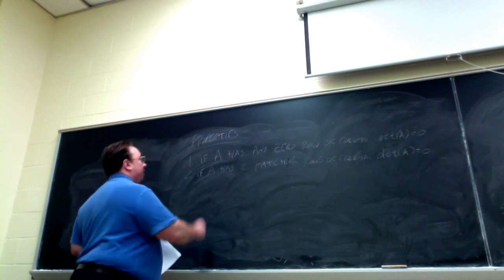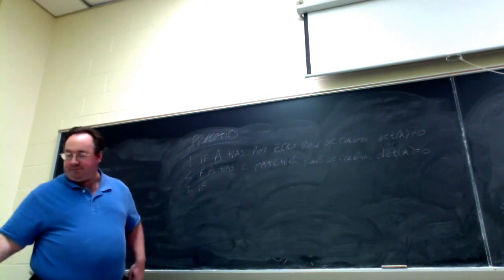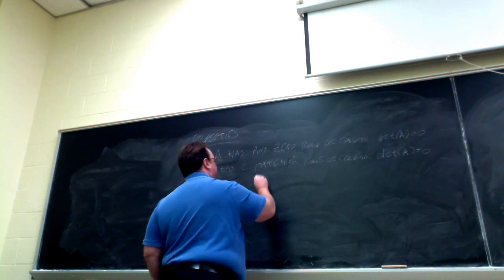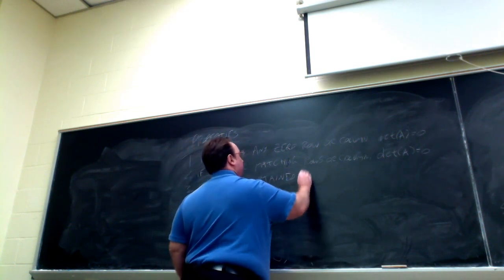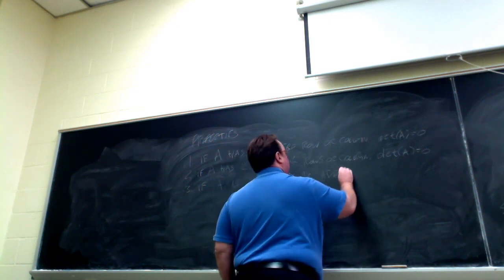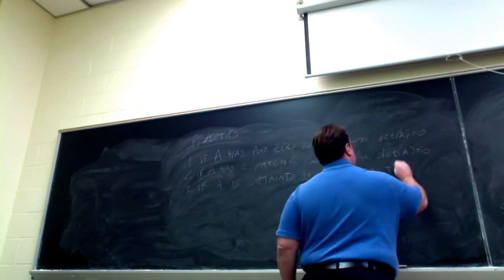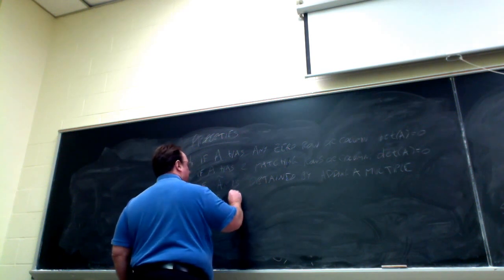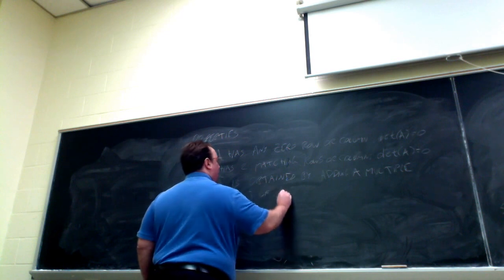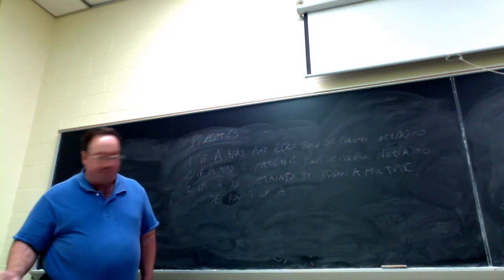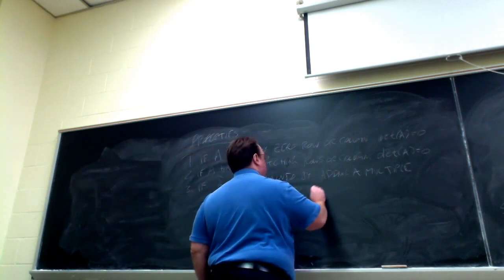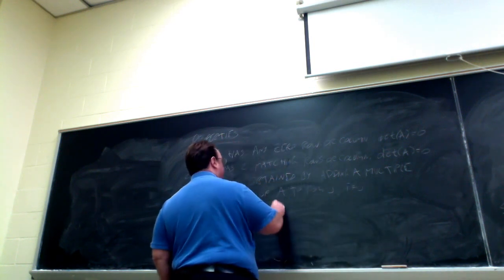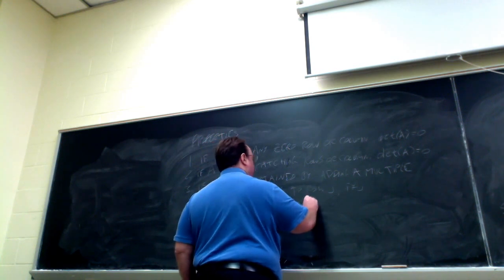Okay. Now, if you have a new matrix A tilde that's obtained by adding a multiple of row I of A to row J, where I is not equal to J, then believe it or not, that does not change the determinant at all.